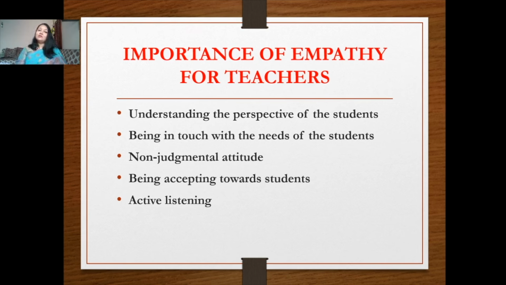You will be better able to accept the viewpoint of your students. And then obviously as teachers, when your colleagues are talking to you, or your students, or the parents are talking to you, we need to show active listening. Okay, we cannot be looking here and there when somebody is sharing their problem or just sharing anything of concern.